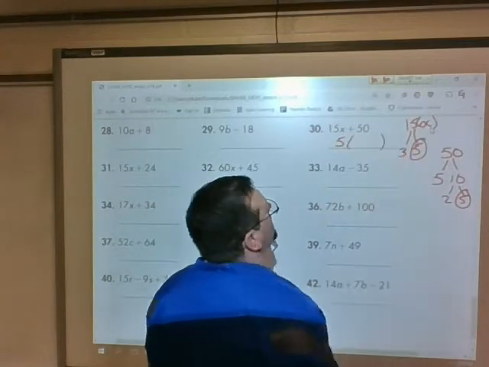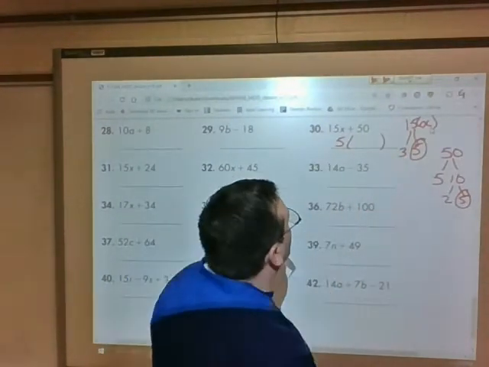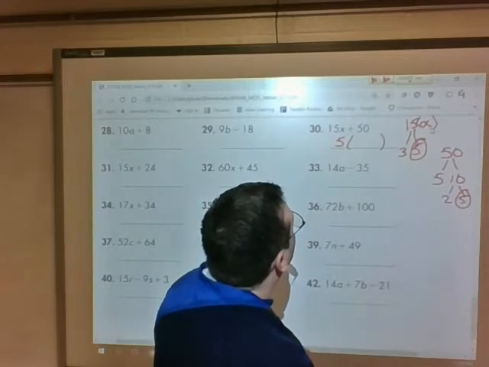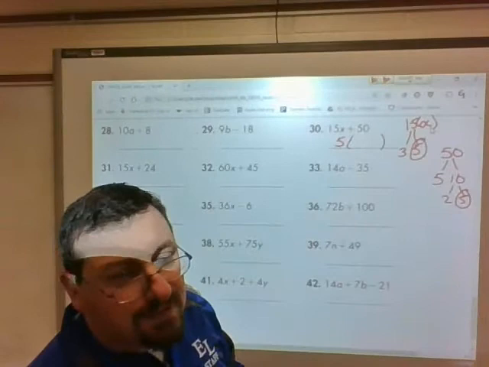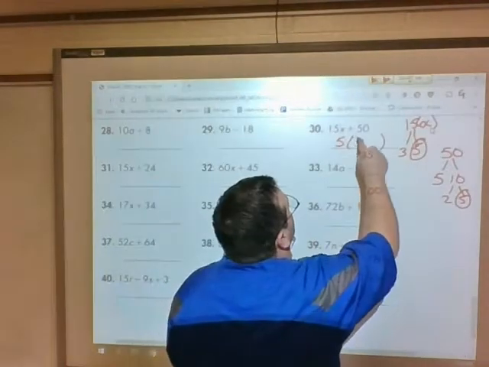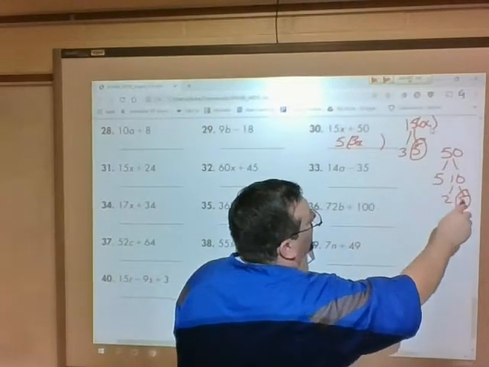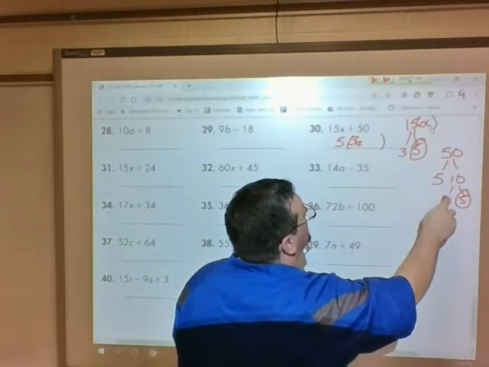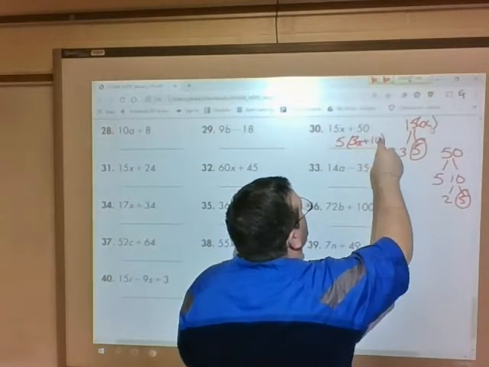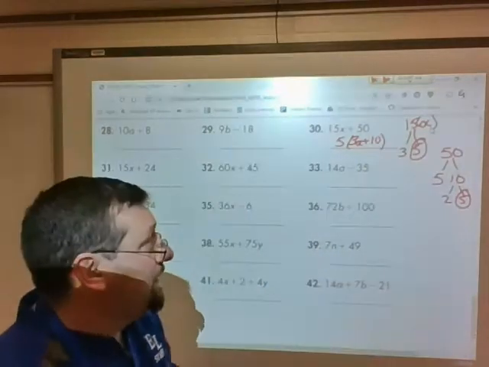Let's use some distributive property here. What did I multiply 5 by to get 15x? Well, it was 3x. And over here I took the 5 out, so I got 5 times 2 left, which is simply 10. I want you to notice something.